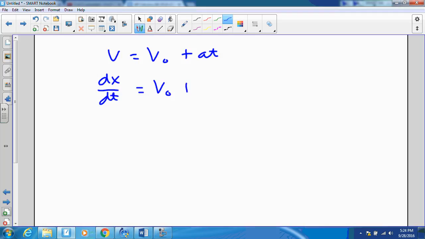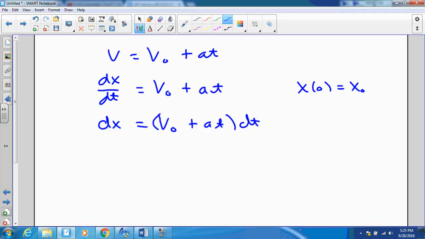I simply substitute dx/dt for the velocity. Now I get a new differential equation, and I can supply an initial condition, let's say x of 0 is equal to x0. And I can repeat the process of separating the variables by multiplying by dt.